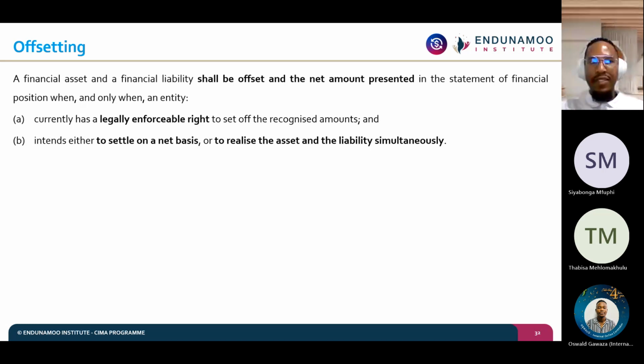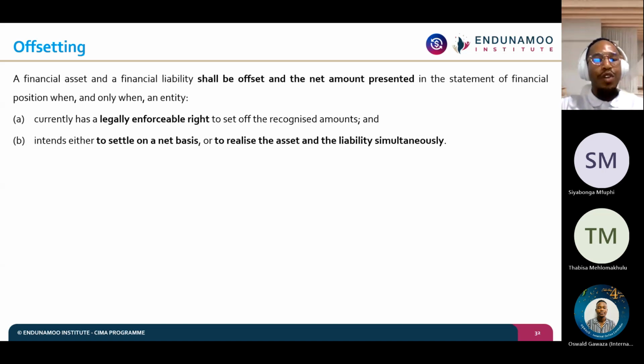On the other hand, you would also have to recognize a financial liability, which reflects the fact that you owe me 100 Rand. The standard says, when you are now presenting your statement of financial position, truth is you are owed an amount by the same entity that you owe an amount to. You are allowed to show the net of these amounts only if you have a legally enforceable right to set these amounts off.